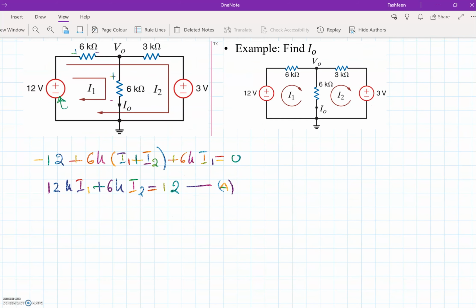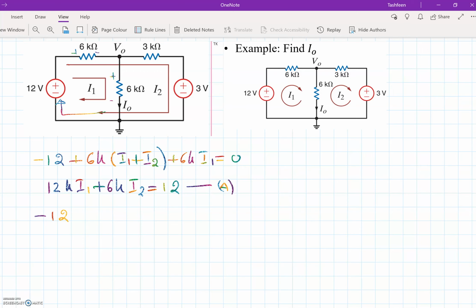We have two unknowns, I1 and I2, so we need another equation to have two equations to solve for this. The other one will come from loop I2 here, and I can start again. Remember this loop is going, I didn't draw it completely just to make it clearer, but we can start from here, because this loop is going through this voltage source as well. So yes, we can write minus 12 because we are entering the negative terminal.